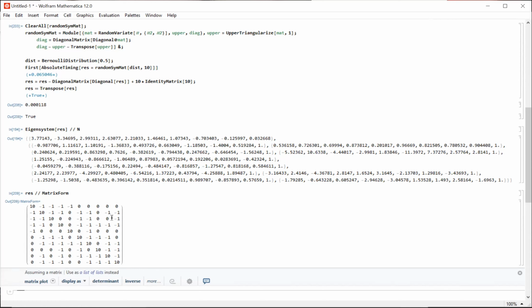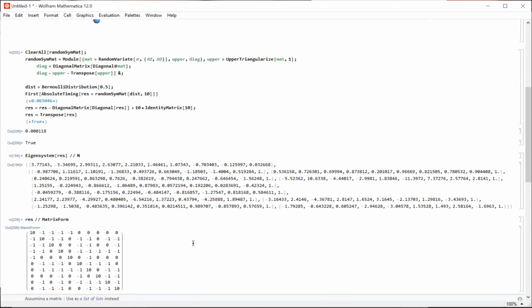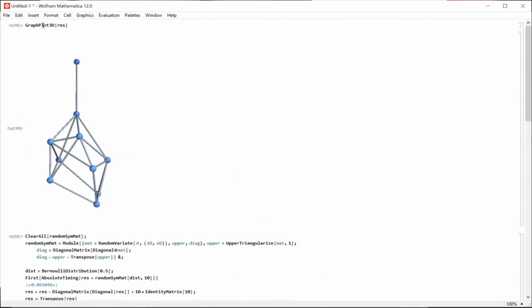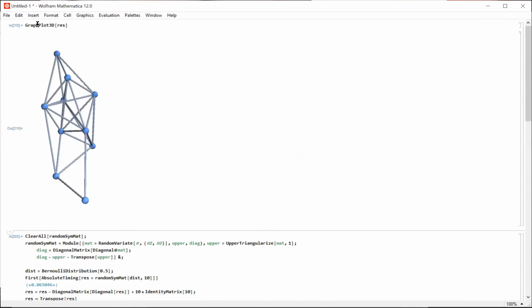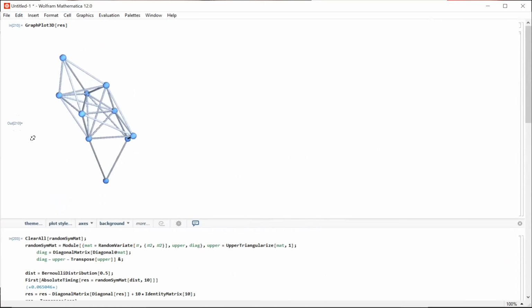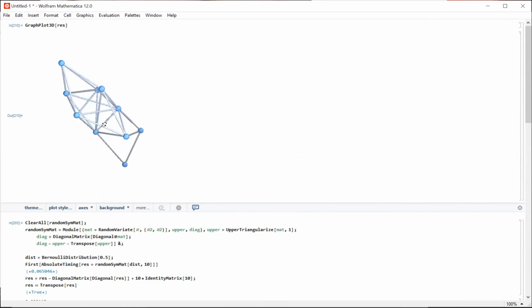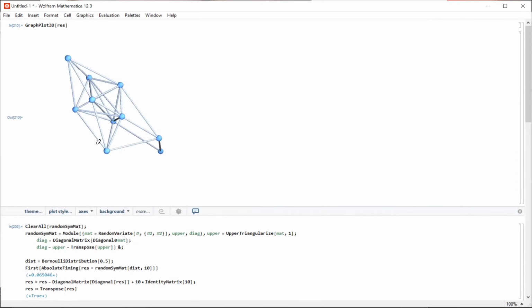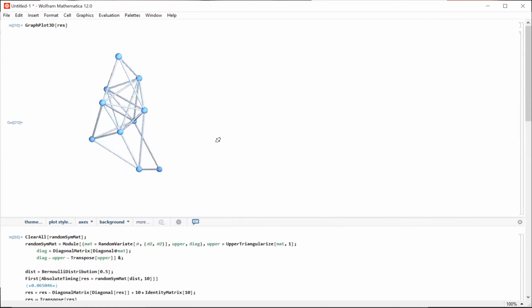So you can actually make Mathematica try to figure out what it looks like. So you can have a plot of that matrix. Here it just puts nodes for the number of dimensions you have, and then puts little links wherever it has a connection in the adjacency matrix, where it has a -1 in that corresponding matrix element.